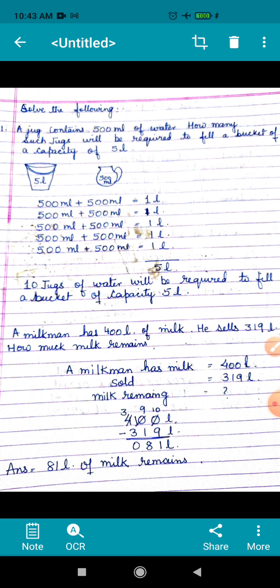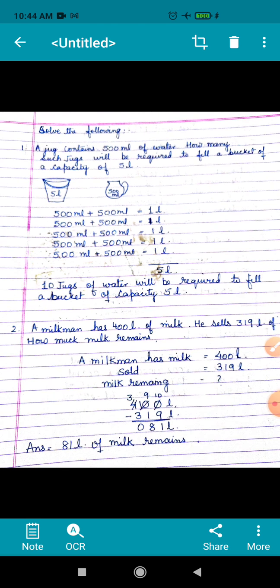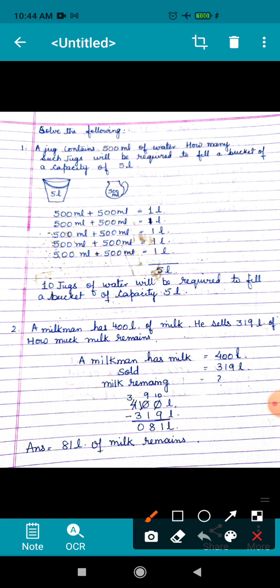So here, question number 1 is: a jug contains 500 milliliter of water. How many such jugs will be required to fill a bucket of a capacity of 5 liter? Children, you are all familiar with the term capacity. Capacity is the amount of liquid that can be filled in the container.